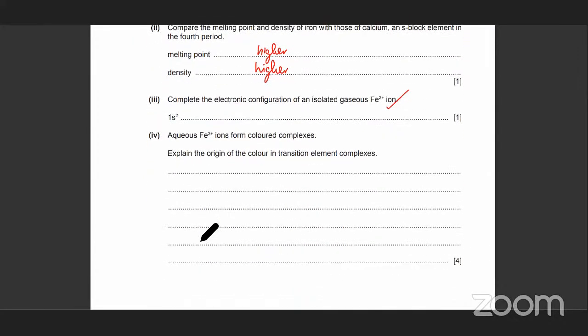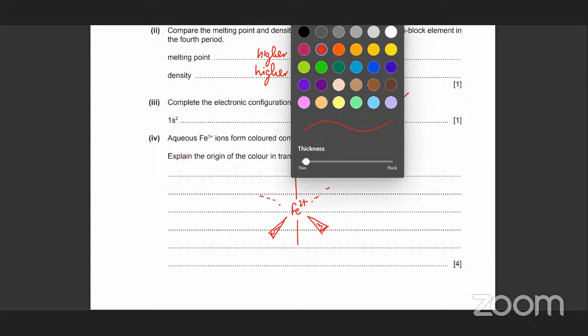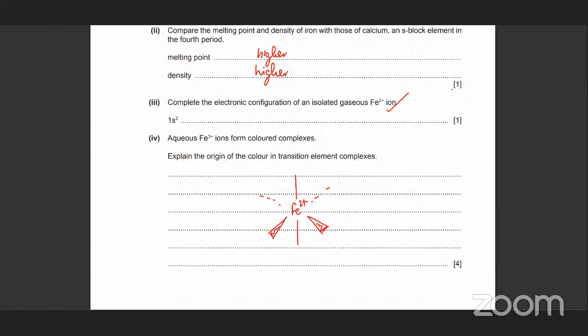Explain the origin of the color of transition metal complexes. So what happens in a transition metal is, okay, why are they colored? They've got a d subshell. So if there's Fe2+, then it has an inner d subshell, and those d subshells are inside the outer shell.